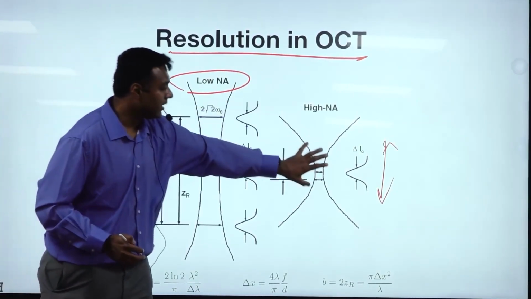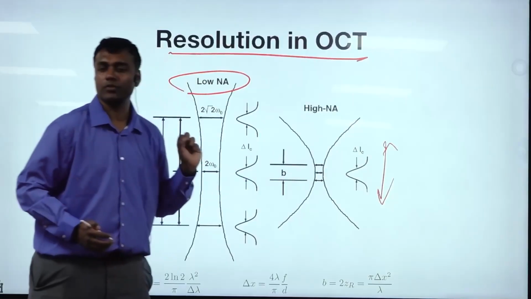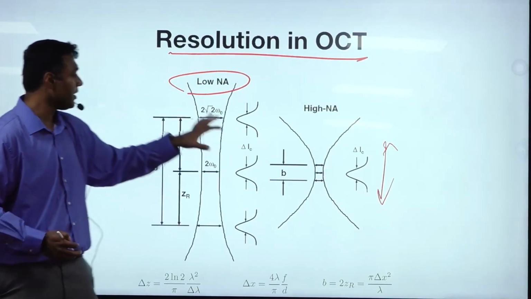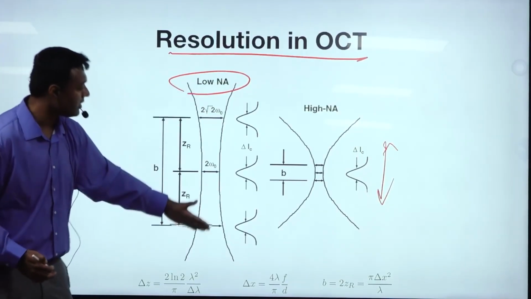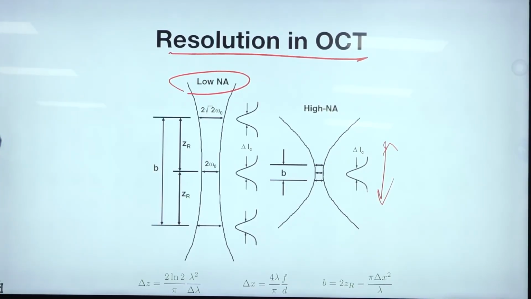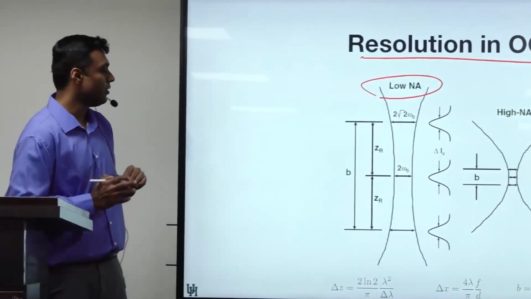But along Z, you will get a smaller range if you use high resolution. If you use lower resolution along XY, you can get a much bigger range for Z. That's the trade-off you always have to make.